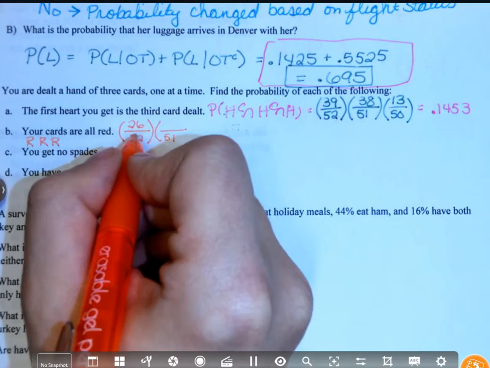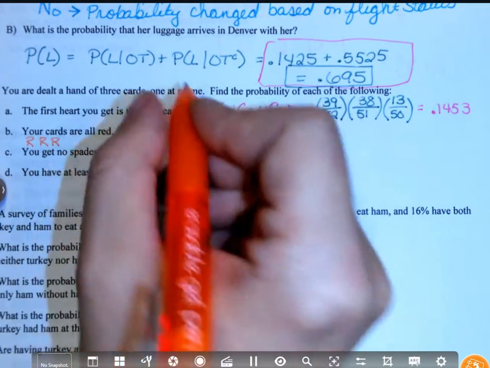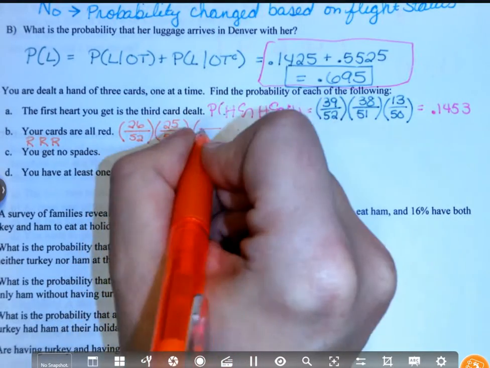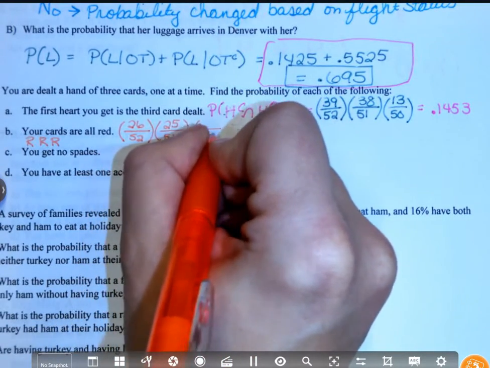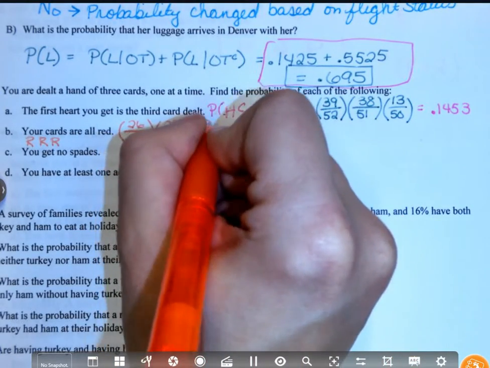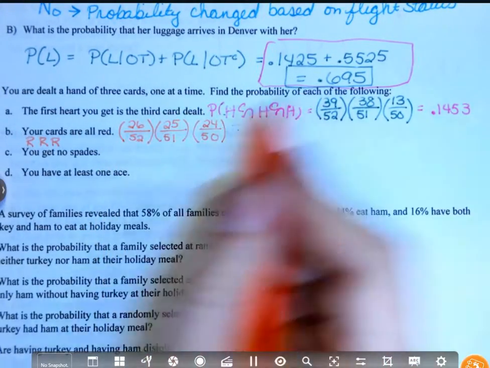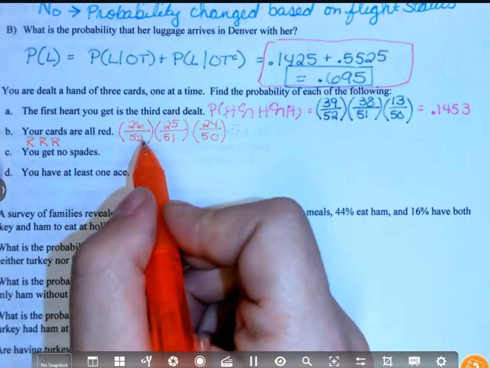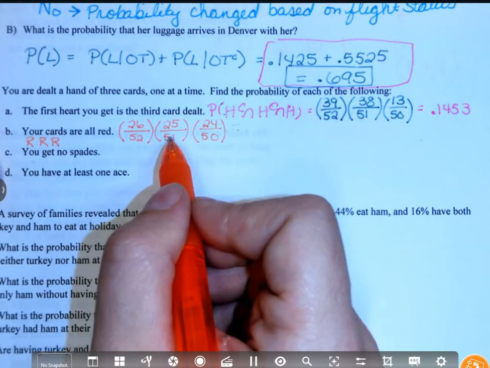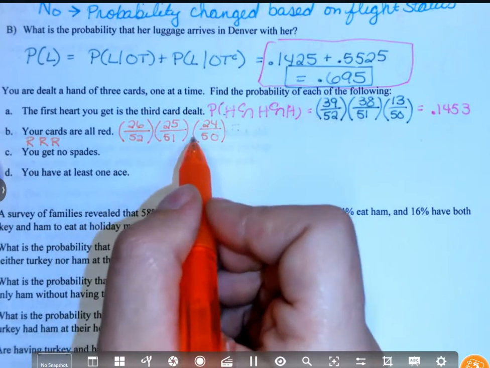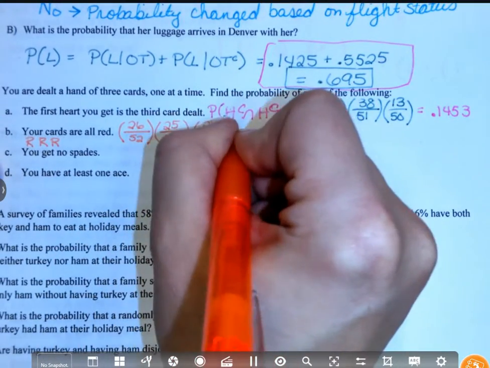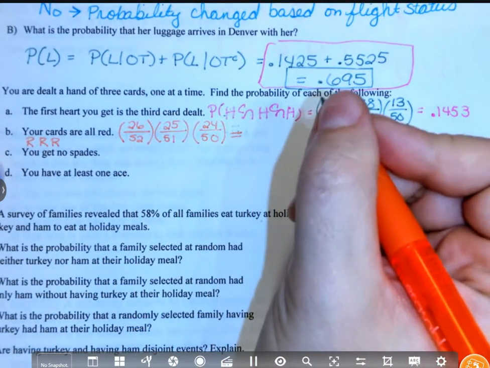Considering I already got a red one here, what's the probability for the next one? 25. Now, how many cards are left in the deck? 50. How many of the ones left in the deck are red still? 24. These are each conditional probabilities. Probability of the first card is red. Probability of the second card is red, given the first one was red. Probability of the third card is red, given the first two were red. And then give me that to 4 decimals.